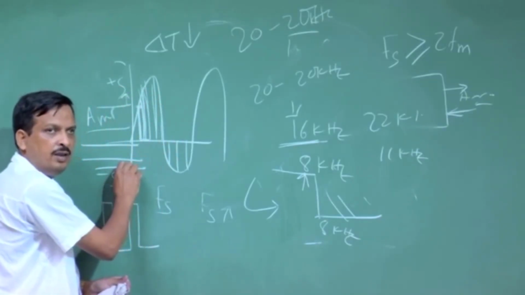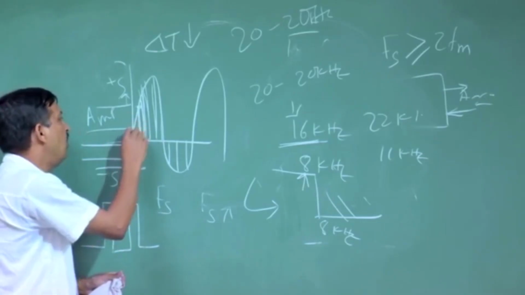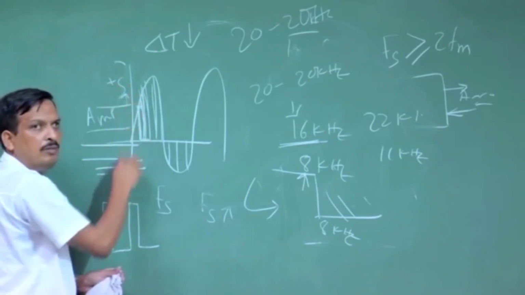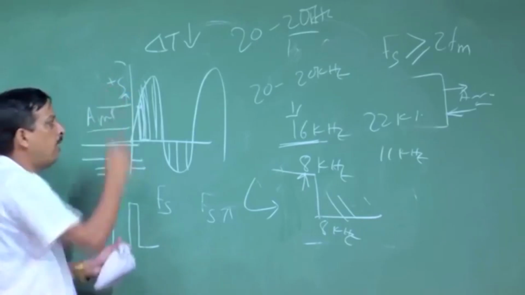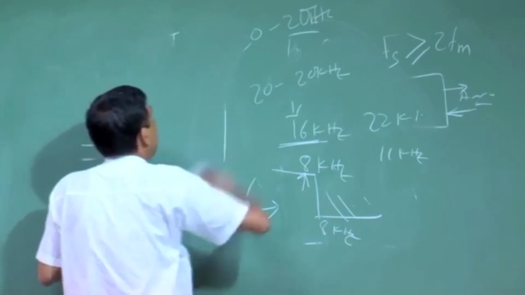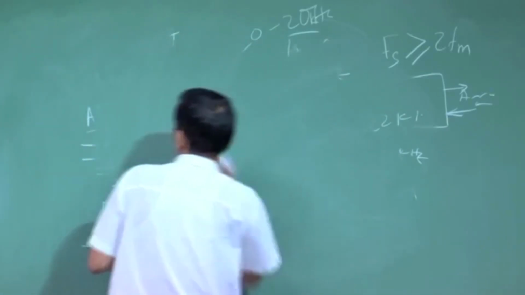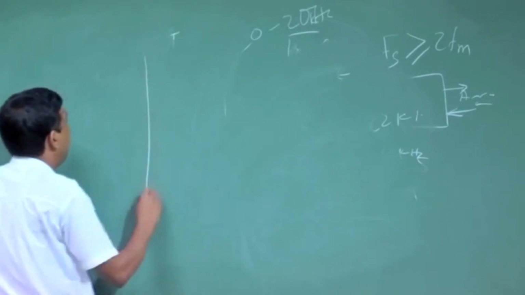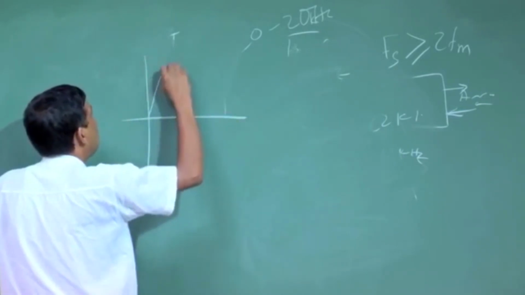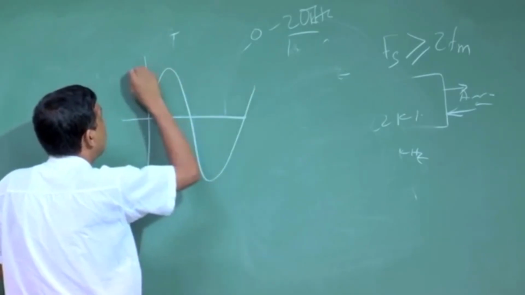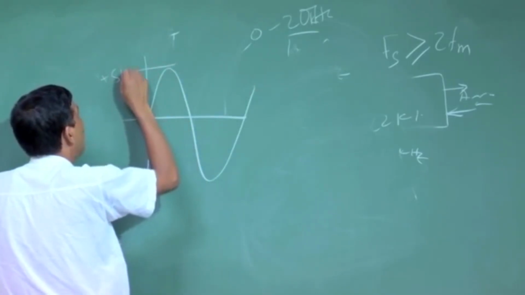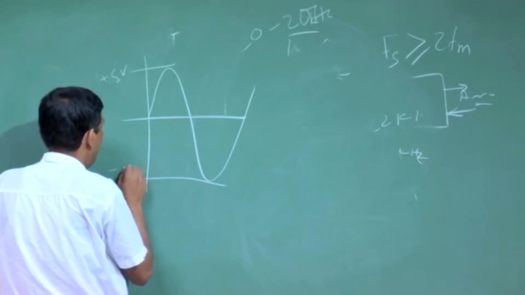If a computer is represented by binary numbers, so I can say, okay, let us say minus 5 volt to plus 5 volt. Or I can draw it neatly so that you can understand it. Let us say I have a signal which varies from minus 5 volt to plus 5 volt.